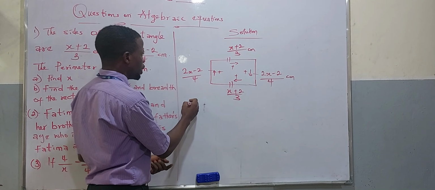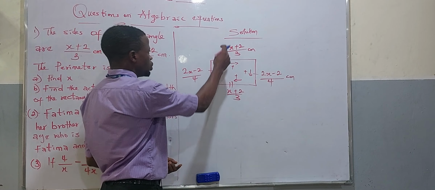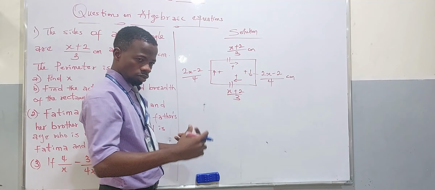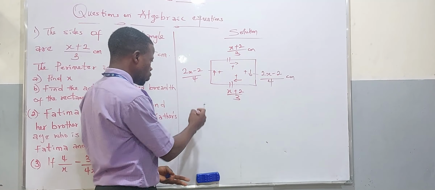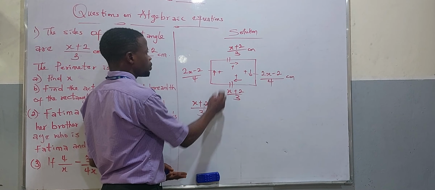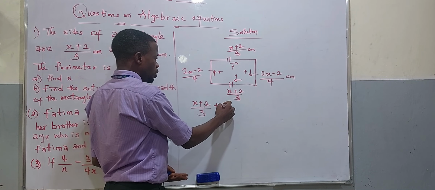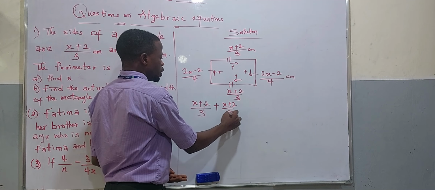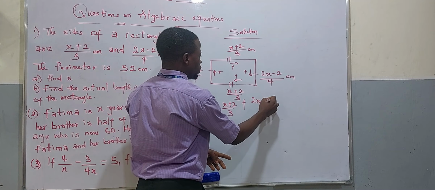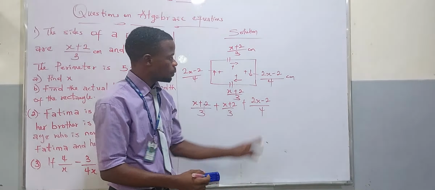So let's do that. This plus this is the same thing as 2 times itself. So we have (x + 2)/3 plus another (x + 2)/3, then plus this (2x - 2)/4, right?